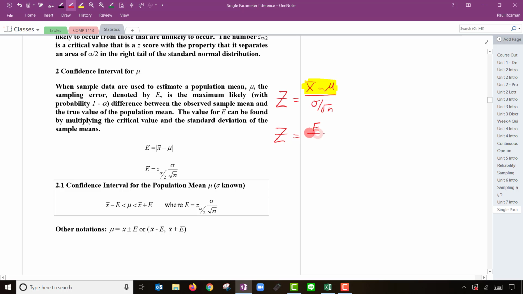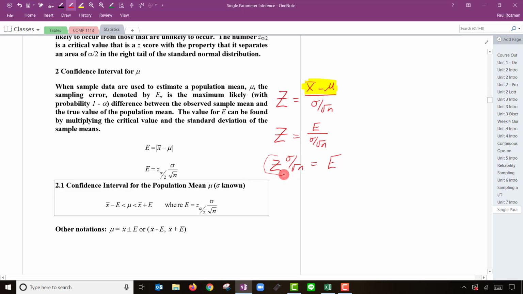It's a way to define error. And then we can rearrange this formula as a way to calculate error. Error is equal to some z-score times sigma over root n.